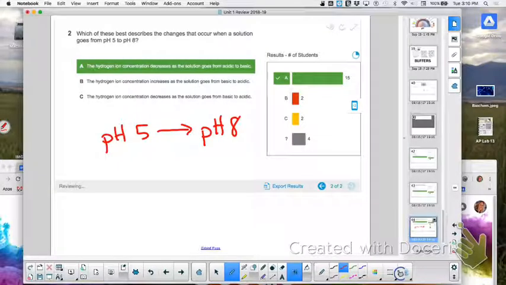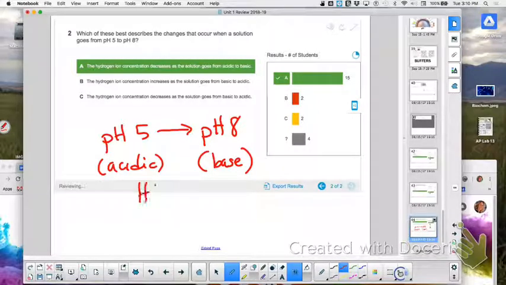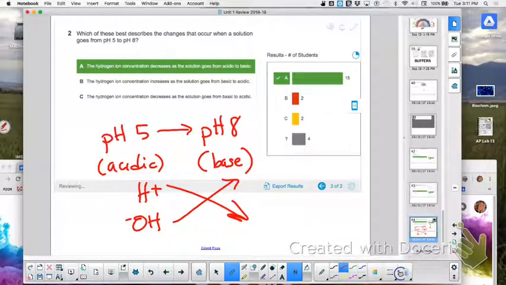What would 5 be considered? Acidic. And then this would be a base. So what happened to the number of hydrogen ions? It went down. Who went up? OH went up. Hydroxide. Got it? All right.